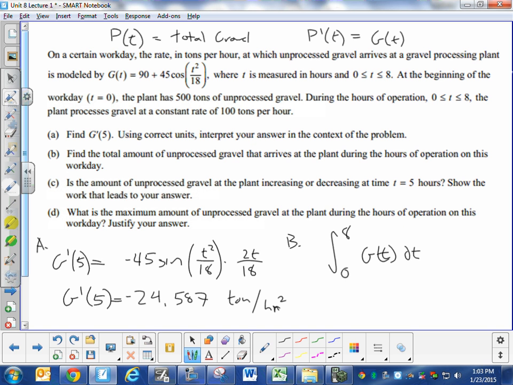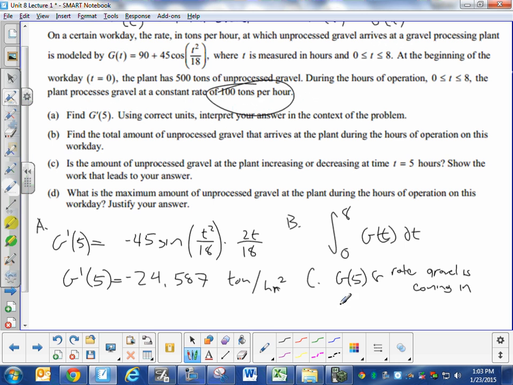Well, we have to check to see if the gravel coming in is more than the gravel going out. G of 5 is the rate that the gravel's coming in, and 100 is the rate at which the gravel is going out.